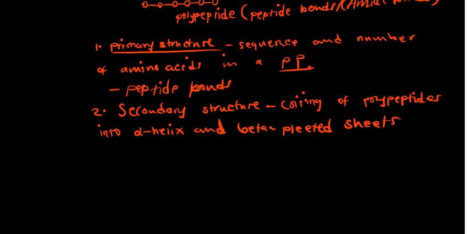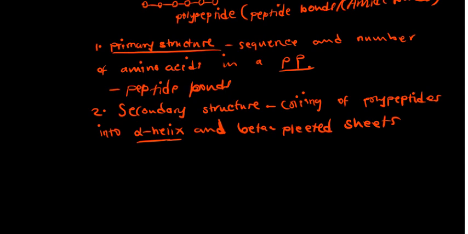So for this one here, alpha helix, you just have intra hydrogen bonds, so just hydrogen bonds within one structure. But for beta pleated sheets here, you're going to have inter hydrogen bonds. So let's just try to draw this structure.